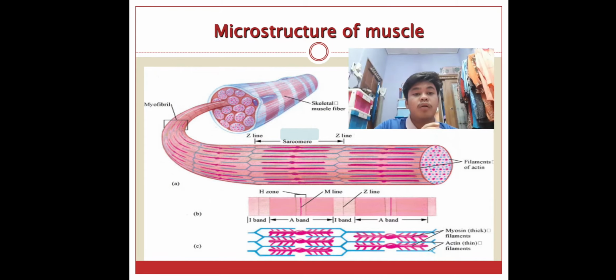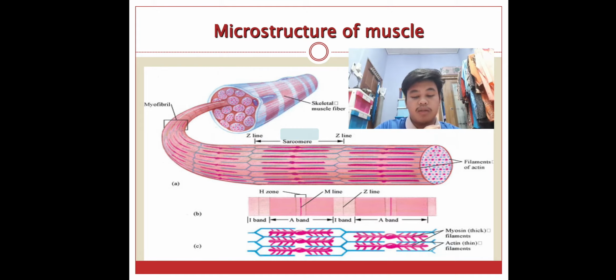Okay, then we go to the next slide, which is the microstructure of the muscles. In the microstructure of the muscles, we have the sarcolemma, myofibril, sarcoplasmic reticulum, and sarcomeres. From this picture, we can see a bundle of skeletal muscle fibers extending.